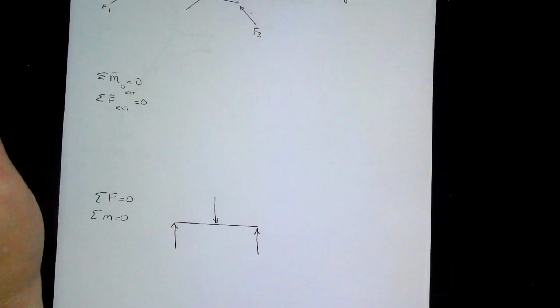So 300 goes this way, and 360 is available going the other way. It'll only give the 300 that's needed to oppose that, but there's a spare 60 sitting here. So we are not even close to slipping.